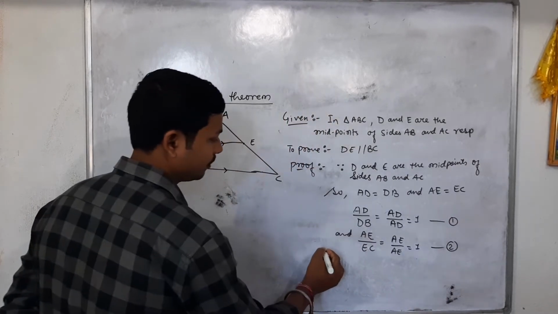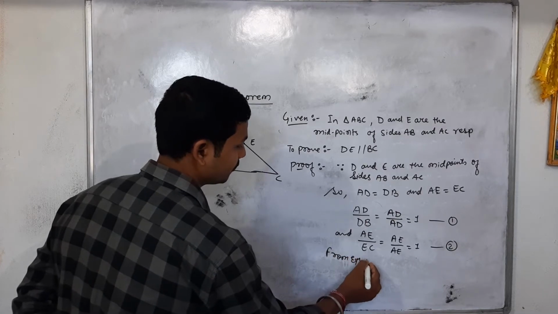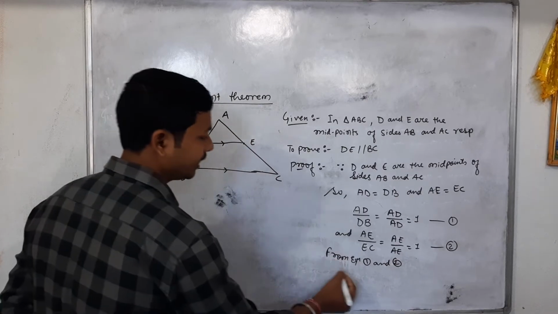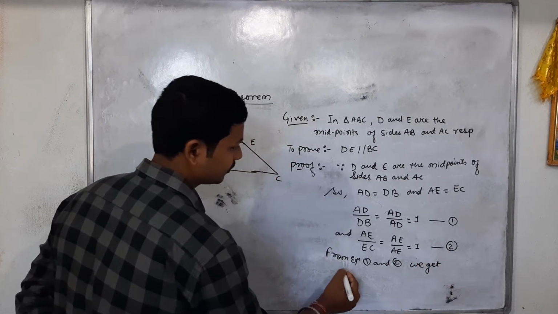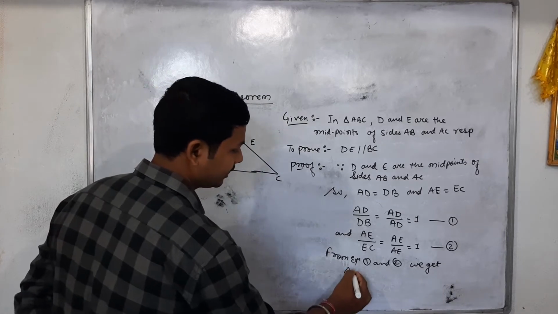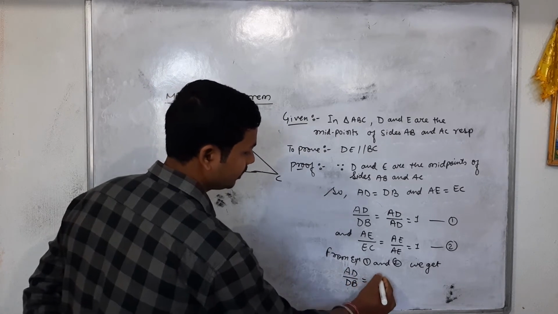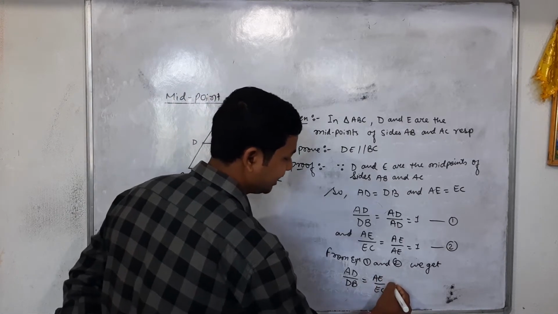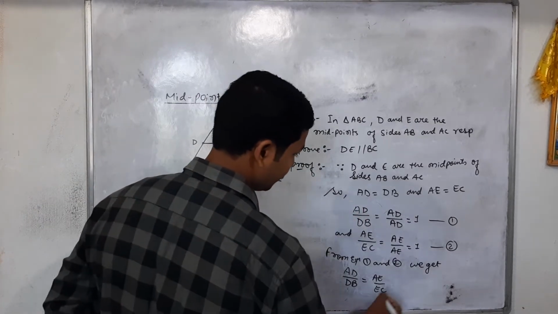So from equations 1 and 2 we get AD divided by DB is equal to AE divided by EC, because each ratio is equal to 1.